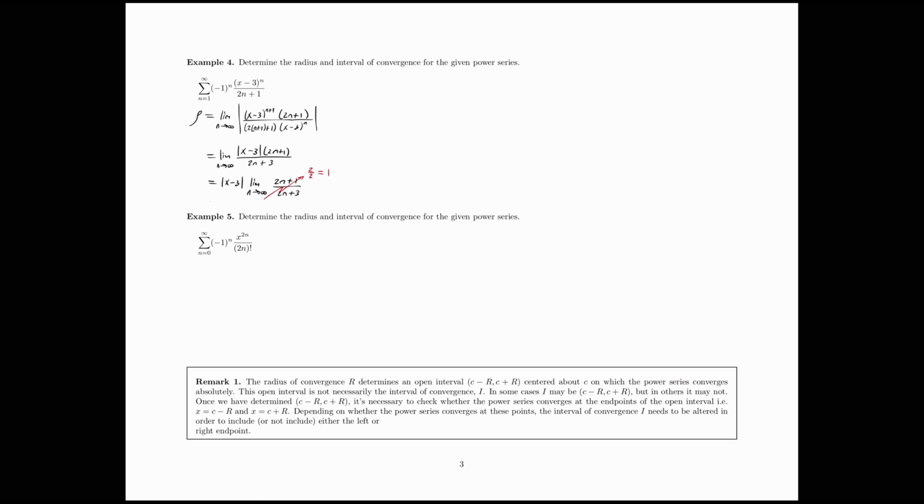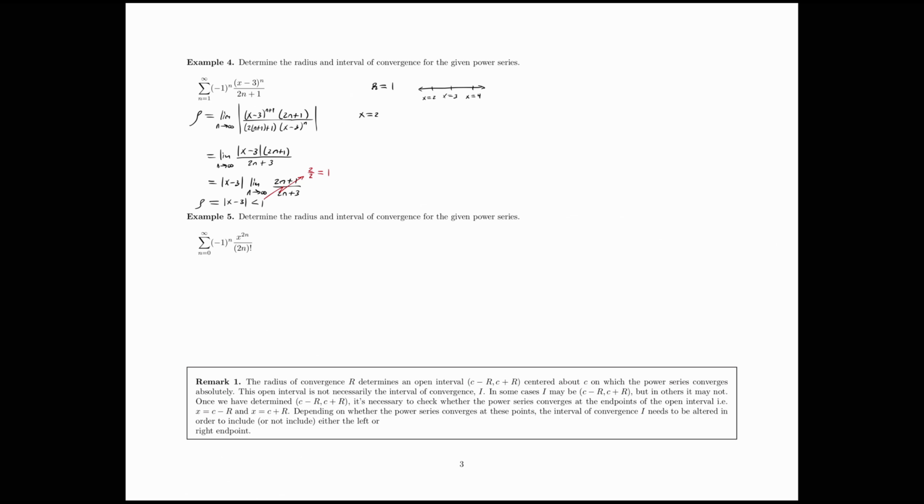So here we get rho is equal to absolute x minus 3, and we would have convergence if this is less than 1. So this tells us the radius of convergence is 1, and therefore, if we think of our number line here, our center of our power series, which is 3, we need to figure out what's going on at x equals 2 and at x equals 4.